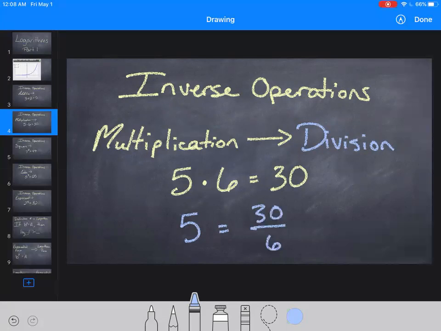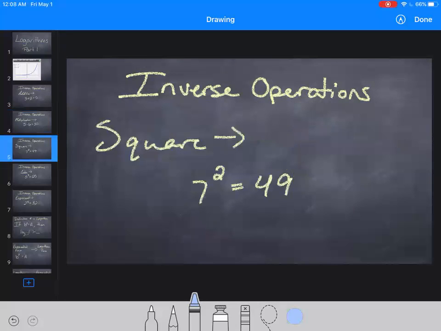So these are related. If I were to look at inverse operations using something that's squared, I can say, okay, well, 7 squared is equal to 49. Well, I can also say that the inverse operation of squaring something is to take the square root. So if I wanted to, I could say the square root of 49 is actually equal to 7.